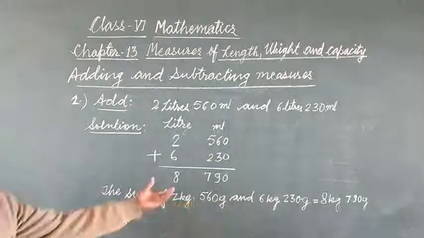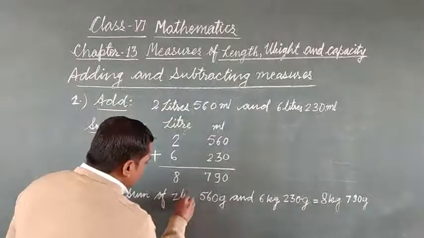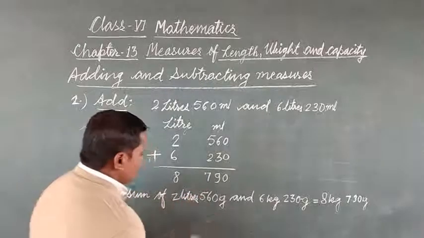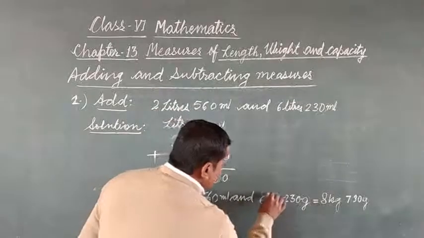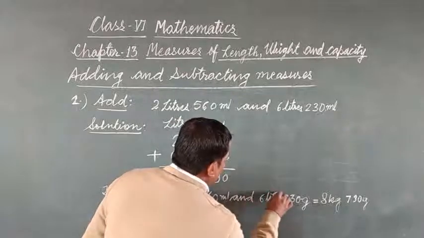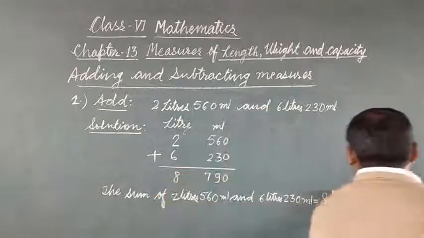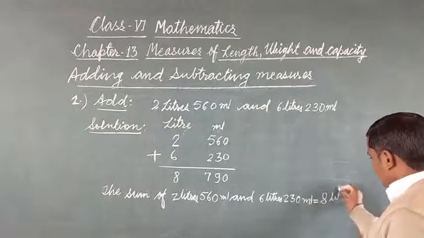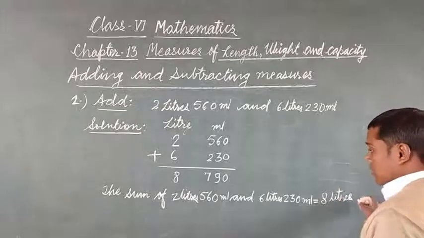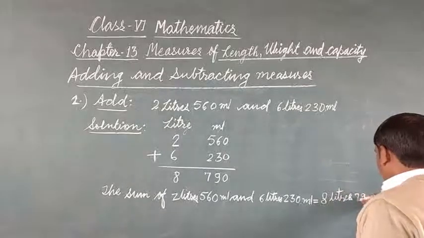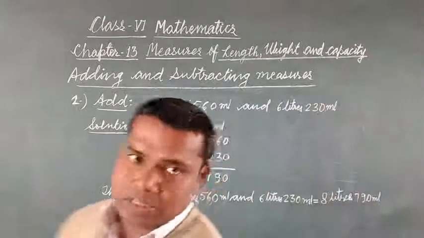Then we add, the same numbers will come, and the answer will come in liter and milliliter: 8 liters 790 milliliters.